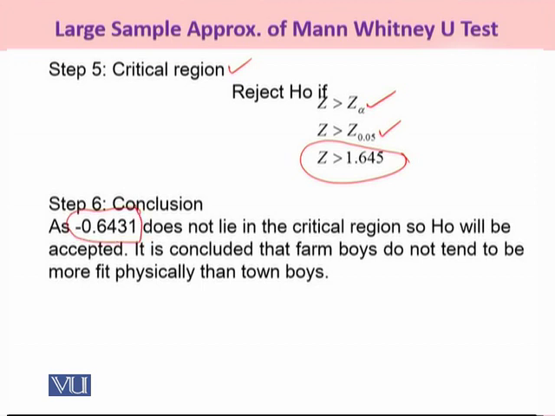As you can see, this value is not greater than 1.645, so H naught will be accepted, and we can conclude that farm boys do not tend to be more fit physically than the town boys, so they have identical or the same median physical fitness score.